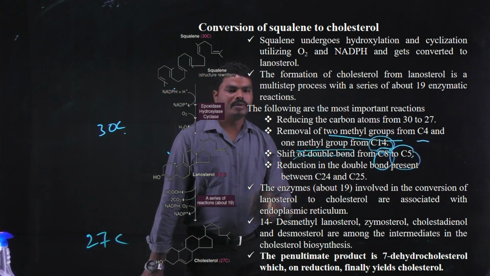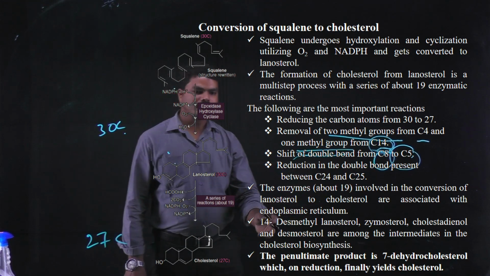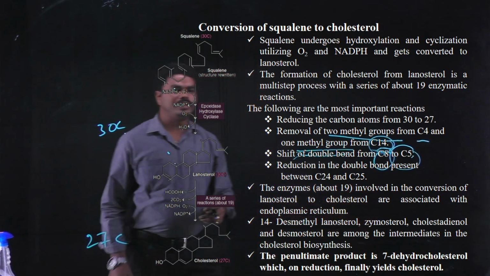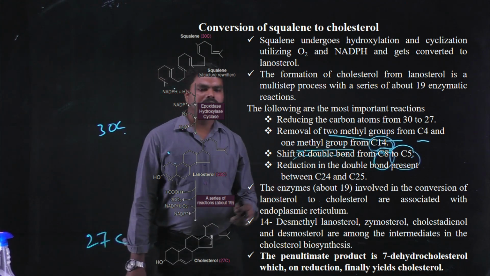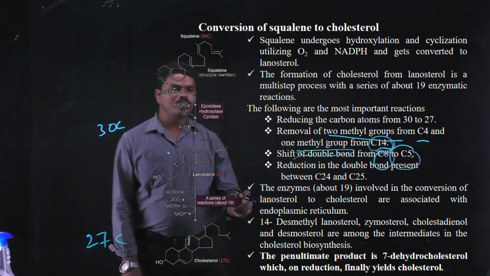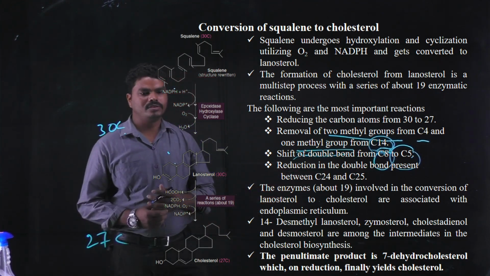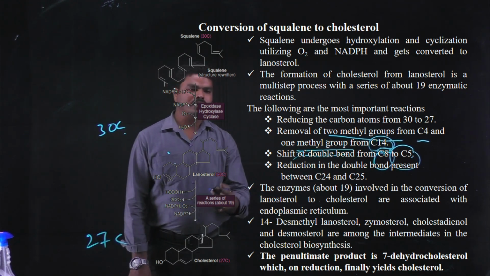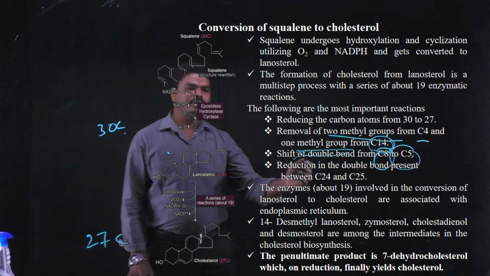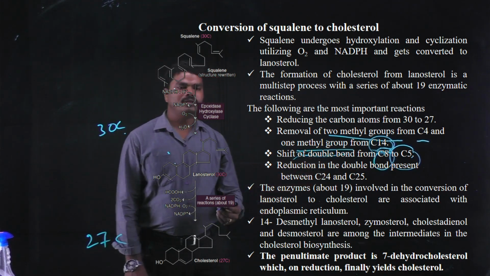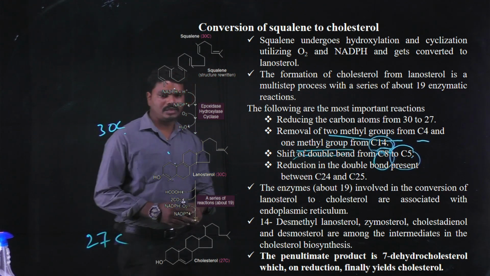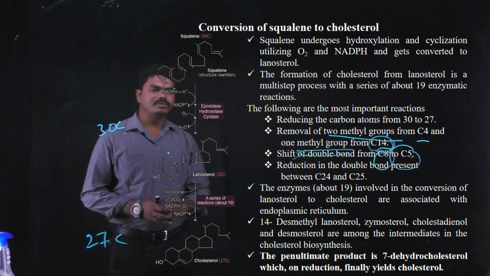These are the intermediates. At the end, there is the formation of 7-dehydrocholesterol, which will be converted to cholesterol by the reduction process. So this is the process involved in the biosynthesis of cholesterol.